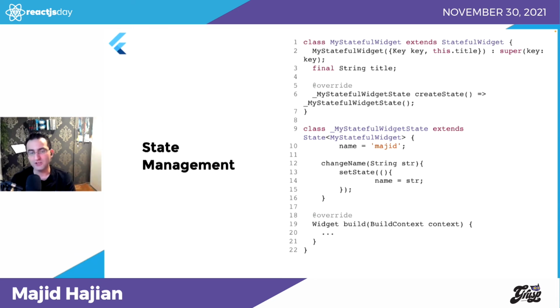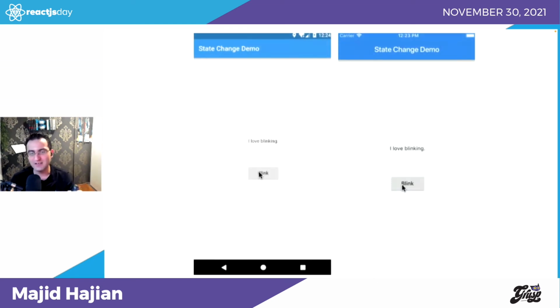I defined it as Majid, and you can change that with the setState function, just as you do in React, and then you change the value that you want to assign to that local variable. What Flutter does is that after you call setState, it will render again. It builds the UI again. So in this case, I'm setting some state here, clicking using GestureDetector, clicking and changing the state, and so on and so forth.